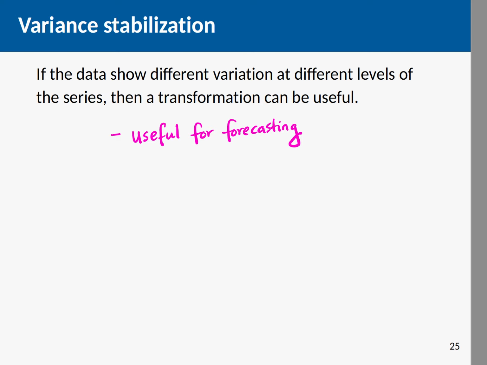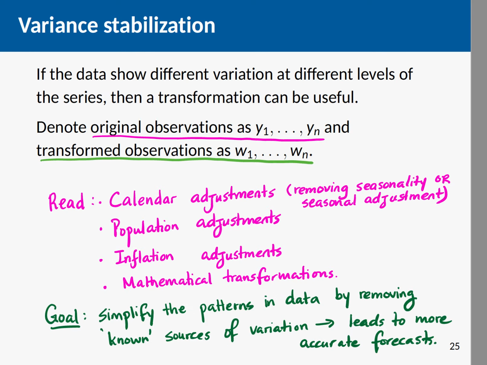But the reason why we do it is because if we look at our data, sometimes the data would show a different level of variation at different levels of the series. So before we try to see that in a graph, we can try to understand what we're going to be doing.